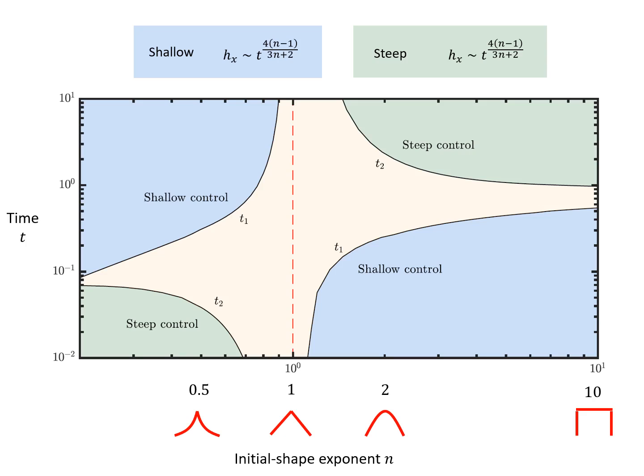And what happens is there's a critical value of n equals 1 where you switch from the steep regime applying at early times and the shallow regime applying at late times, to the shallow regime applying at early times and the steep regime applying at late times. And in the special case n equals 1, neither of the regimes apply because there's that special set of similarity equations that apply in that case.